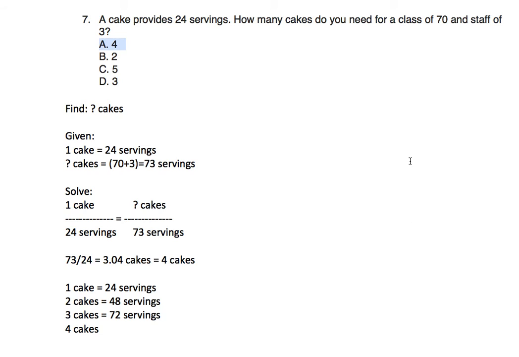So anytime you run into this kind of situation where you're not going to be able to have a partial cake and you need to have enough, it's sometimes good to just do this trial and error. 1 cake is 24, 2 is 48, 3 is 72. You still don't have enough. You know your 4th cake is going to be plenty.